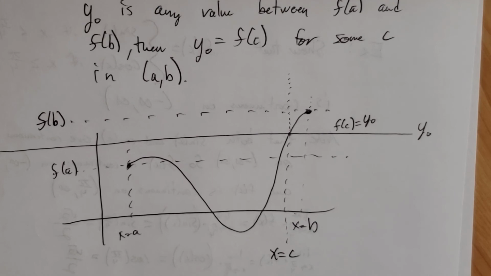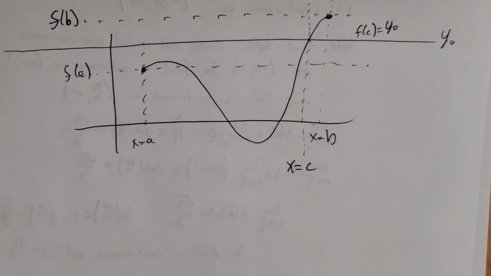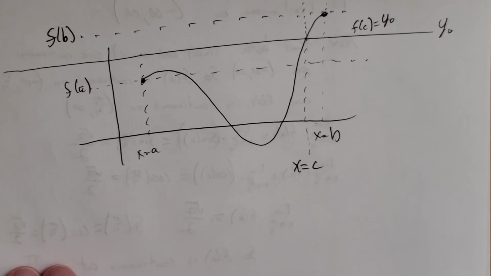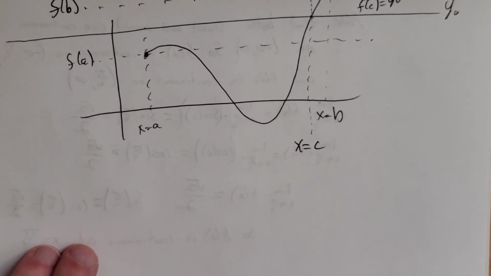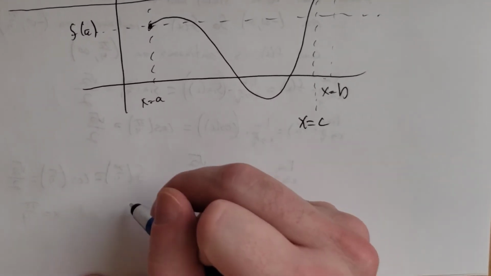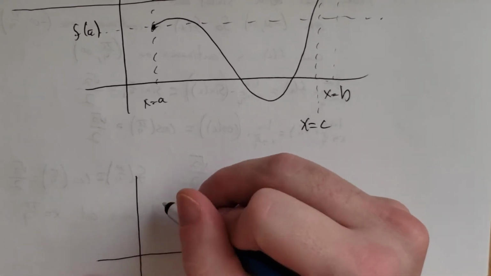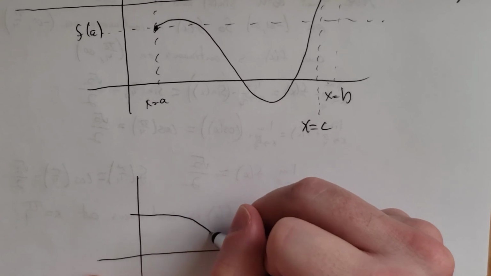Now, to get a better idea of the power of that and really what all this means, let's suppose our function is not continuous. So how could this fail? Well, the theorem doesn't fail, but if we relax the condition and f is no longer continuous, then notice that this doesn't hold up, right? Maybe we have a function that looks like this.